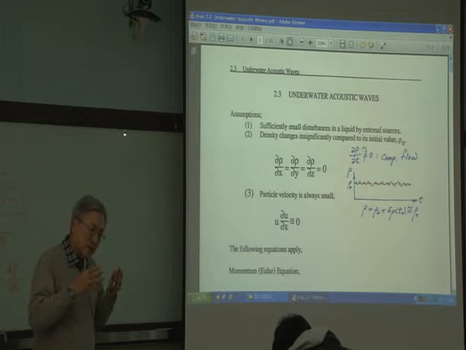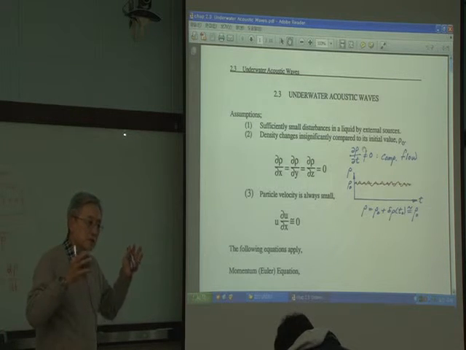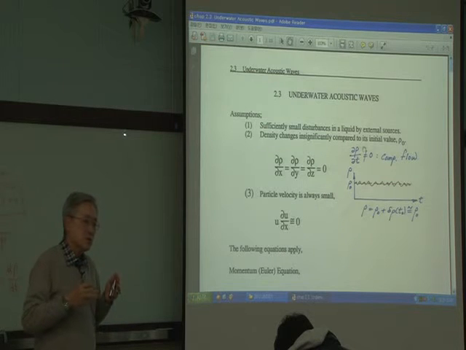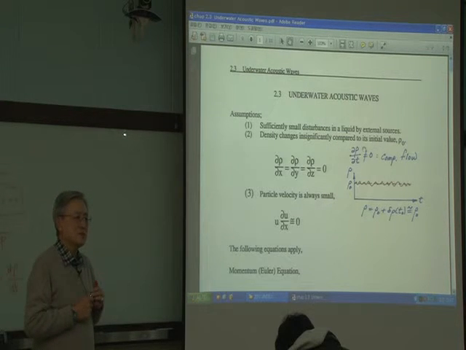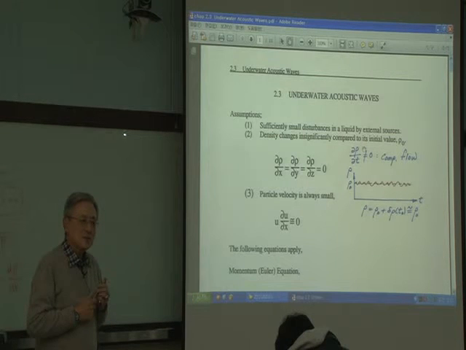Then after we get the underwater acoustics relation and equations, we're going to solve that equation. Then we're going to have a beautiful solution set to be used for underwater shock calculation.